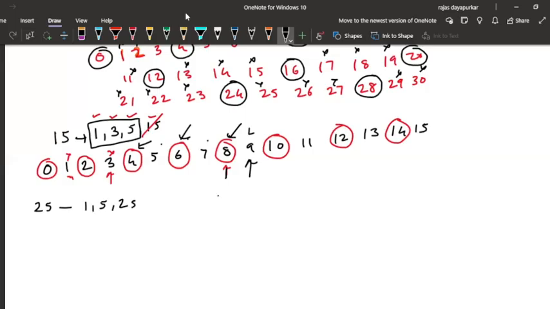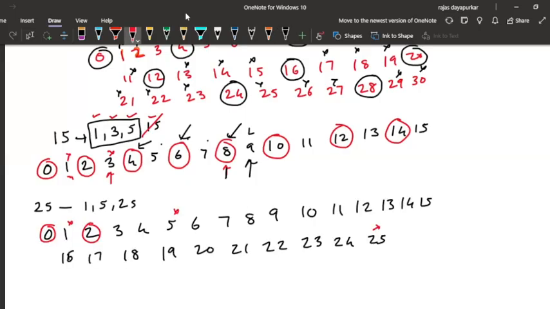Because it's at a distance of 1 from another winning position. 3 is losing because it's at a distance of 1 from 2. 4 is winning. If I give you 3, what will happen? You will subtract 1. Correct. I will subtract 1. Right. Again, you will subtract 1. So you are the winner.